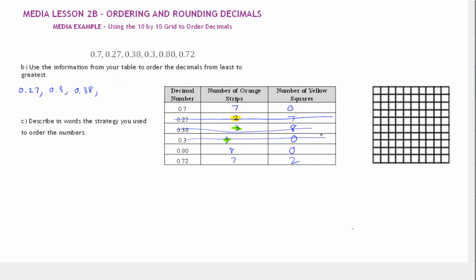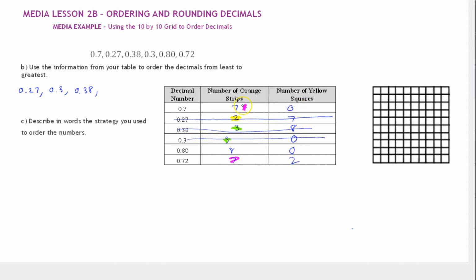Okay, so notice this is what I'd call an iterative process. We're not comparing all 5 numbers at once, and we're not comparing each pair to each other. We're starting from the smallest and going up to the largest, or you could start with the largest and go to the smallest. So now in the orange strip category, we have 7s and 8s. So the next largest is 7s. And we have 7, 0, and 7, 2.